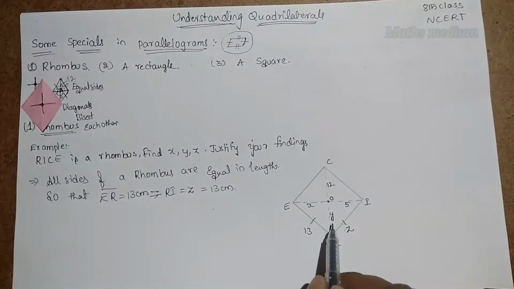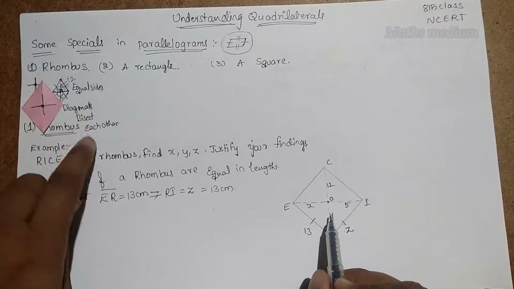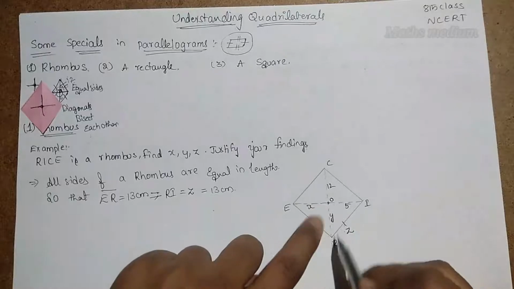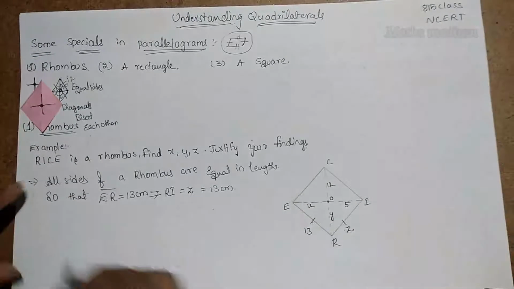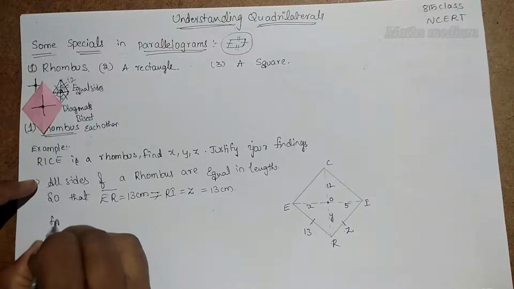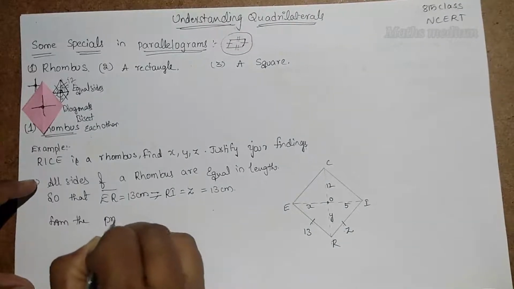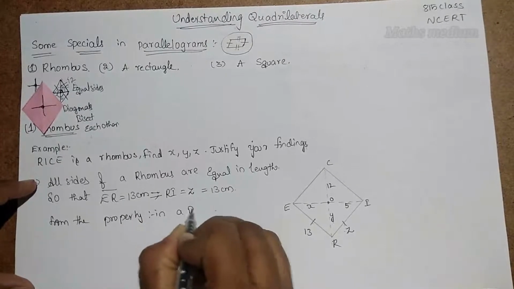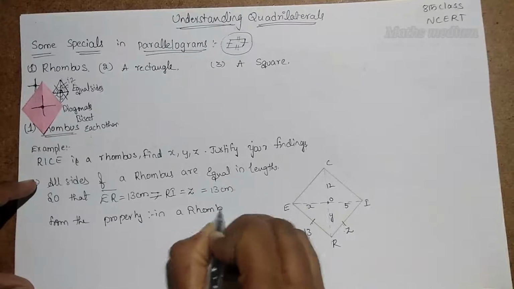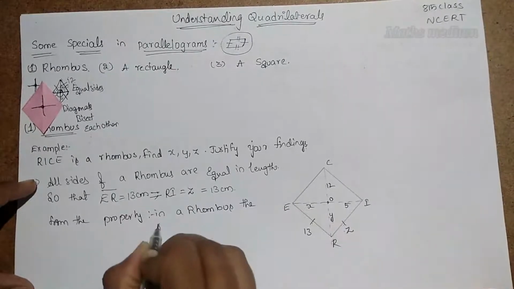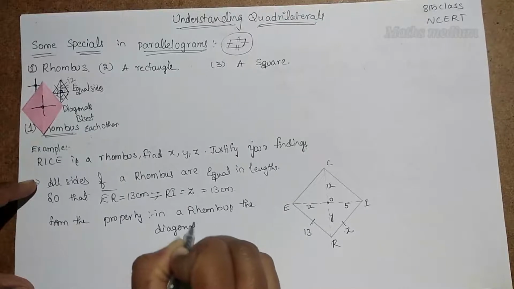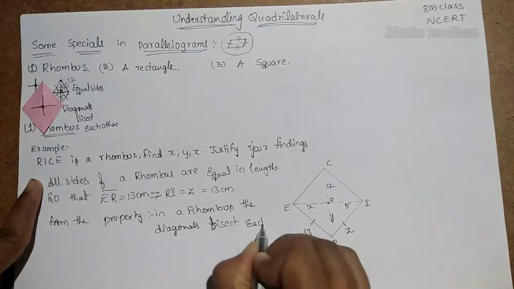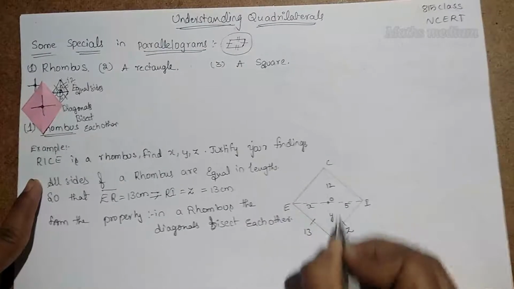Next we have to find x and y. Already told you the diagonals bisect each other. From O to C is 12. Here O to R is also y equal to 12. From the property in a rhombus, the diagonals bisect each other, so length should be equal.